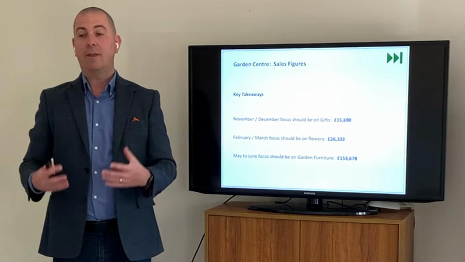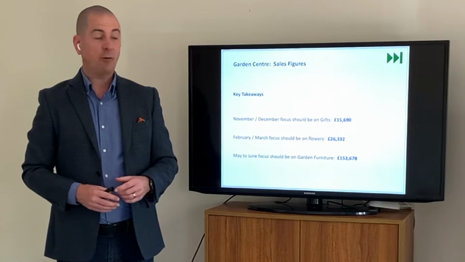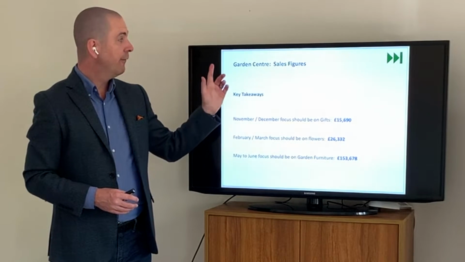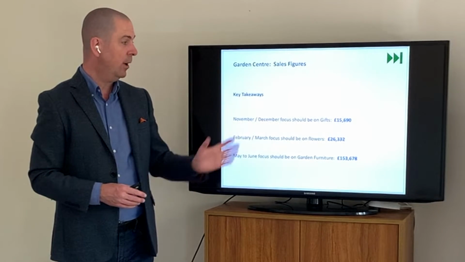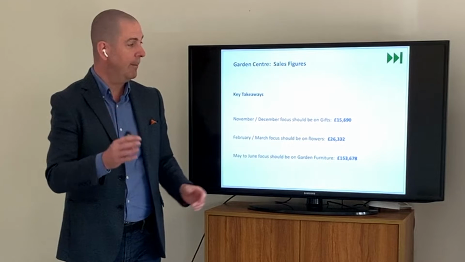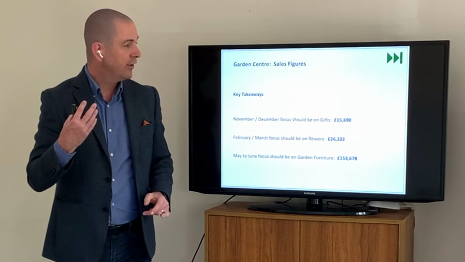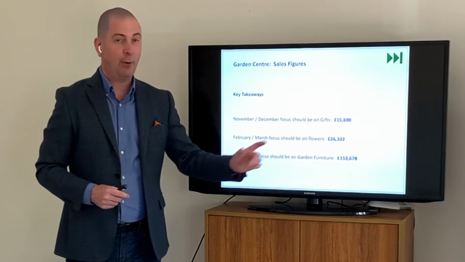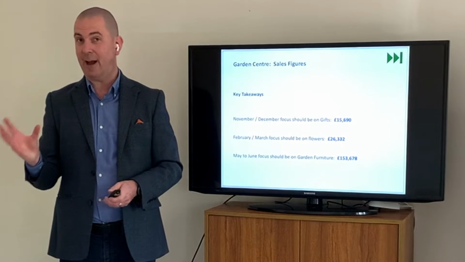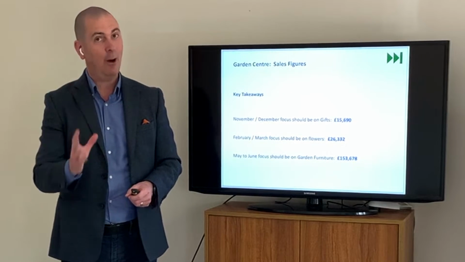So the data that I want to share with you today is around our key takeaways for our garden centre sales figures. In November and December, the focus should be on gifts because we're making £15,690. In February and March, the focus should be on flowers. We have Valentine's Day and we have Mother's Day.